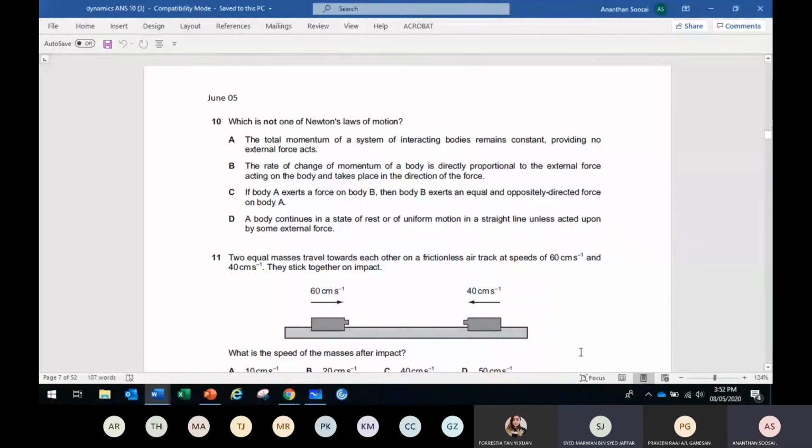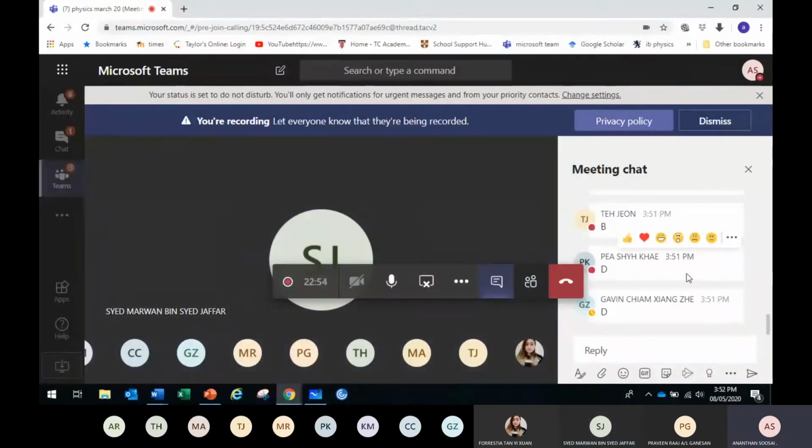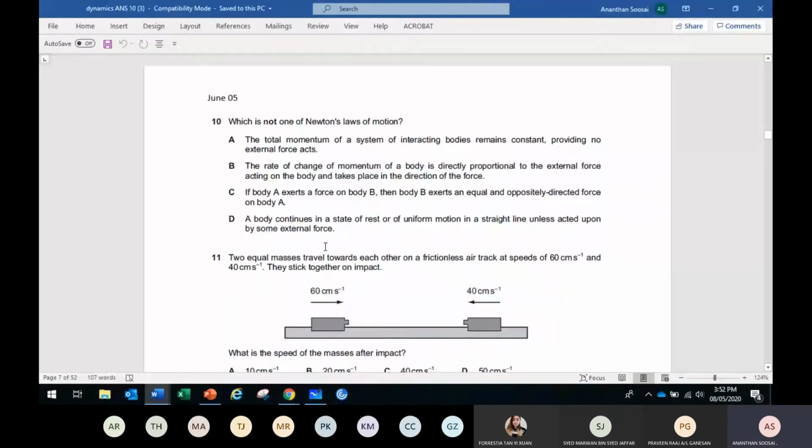Okay, let me check the answers. Hope someone will put the answer. So D. Okay, good. Many D's. Is it D? Can we go for D? Okay, D: a body continues in a state of rest or uniform motion in a straight line unless acted upon by some external force.